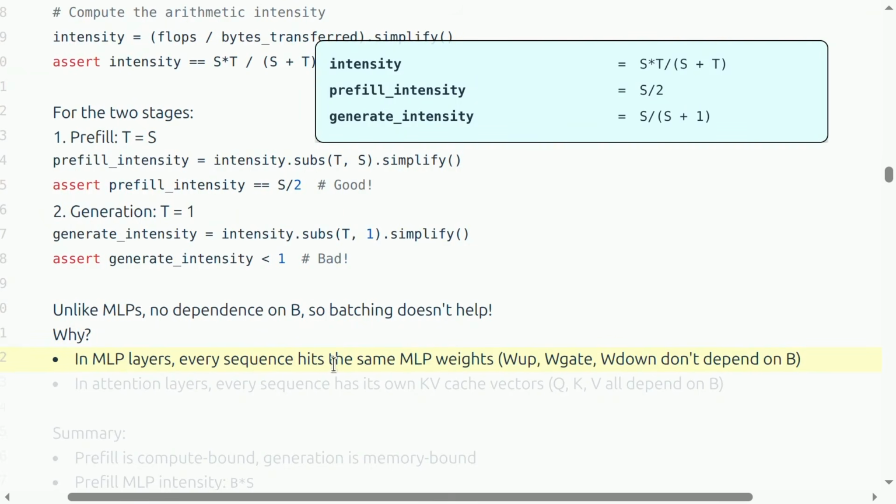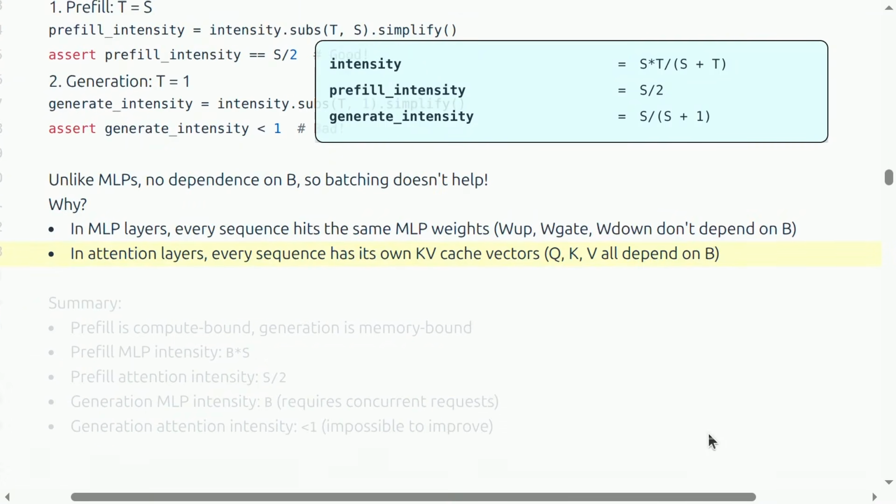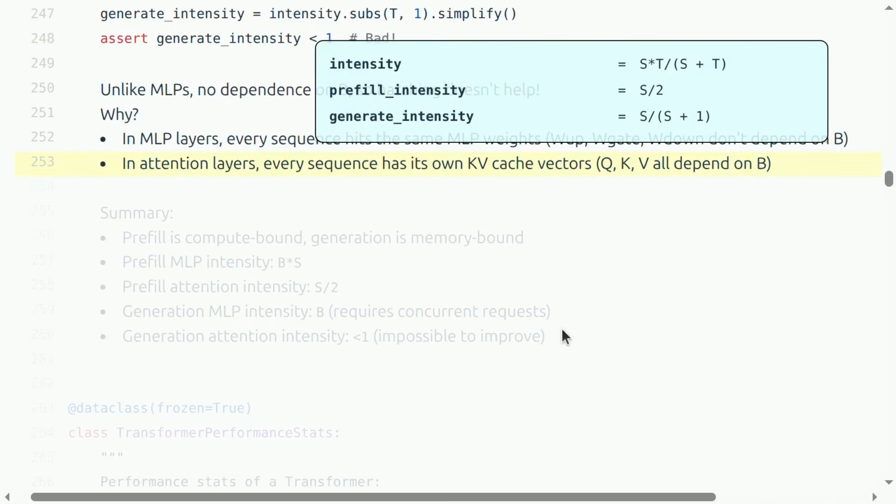Every sequence hits the same MLP weights, so these don't depend on B. Whereas in the attention layer, each sequence has its own KV cache. So these all depend on B.